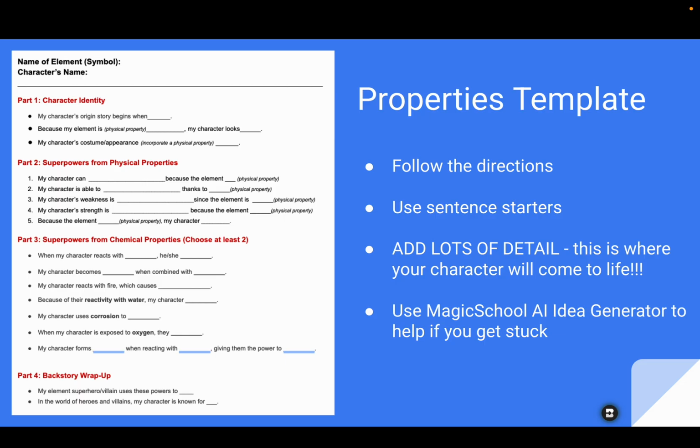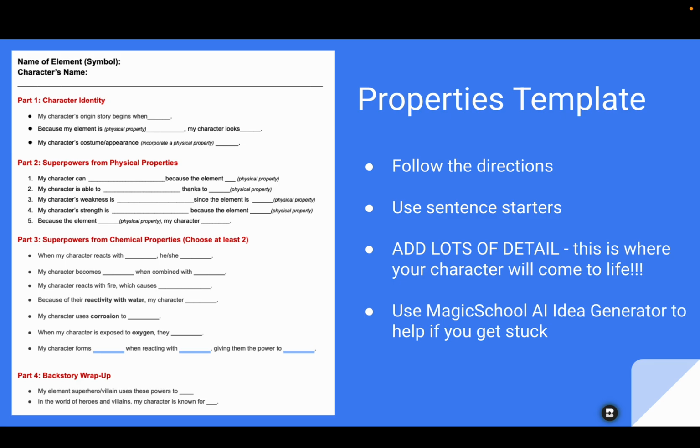And then number 5 is really, really kind of general because if your element is malleable, then your character might be a shapeshifter, or because the element is not metallic, then maybe your character is able to turn themselves into a liquid to go down a drain to escape.